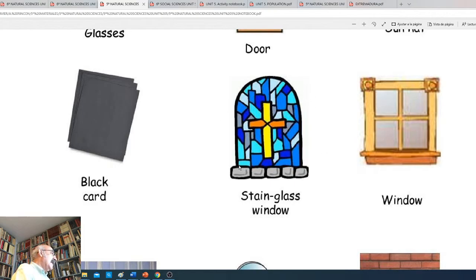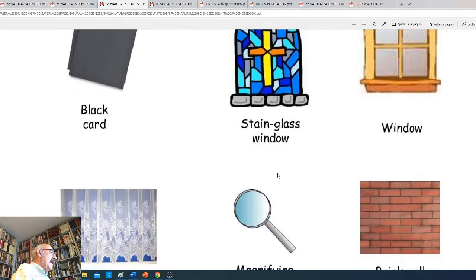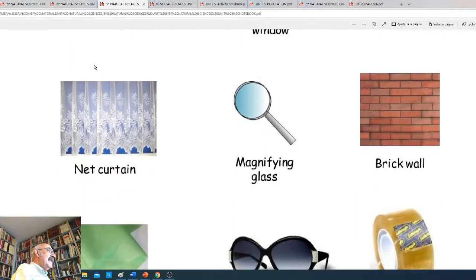Very good, Ines. This is translucent. So, this window can let light pass through it, but we can't see clearly behind it. Very good. Now, go to this net curtain.